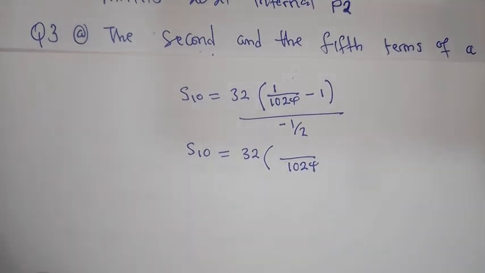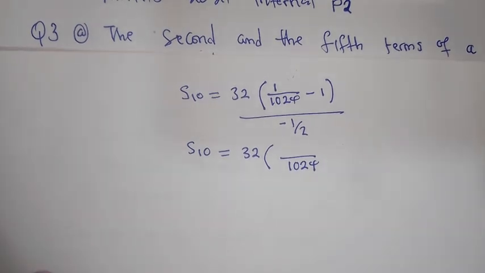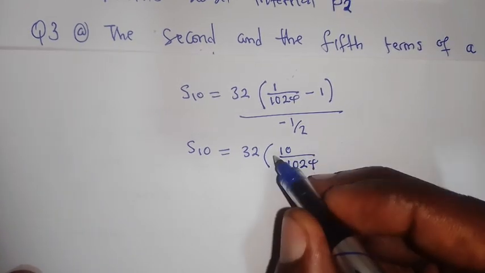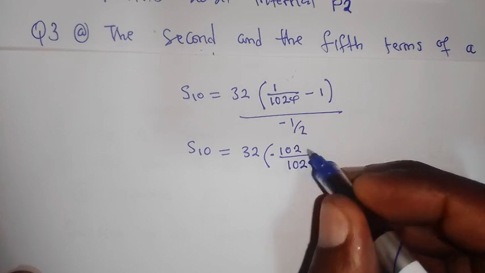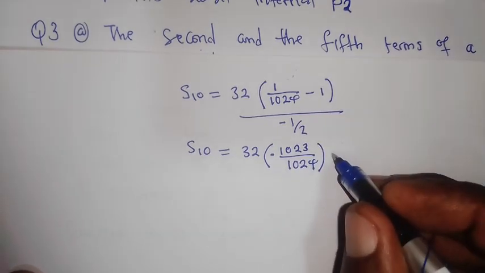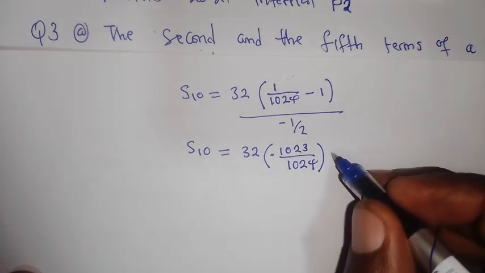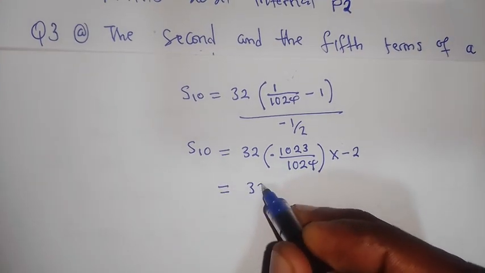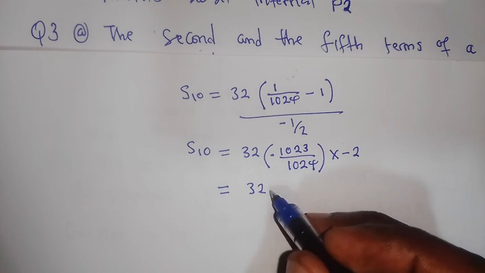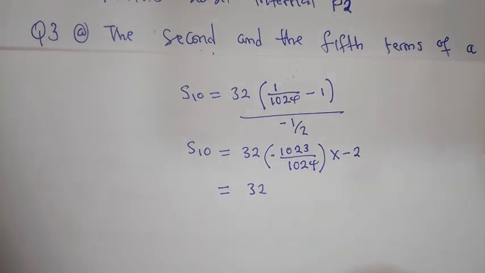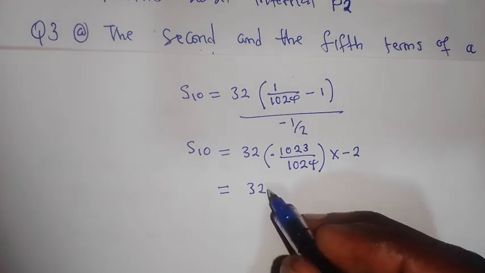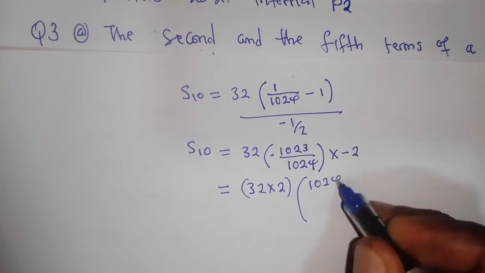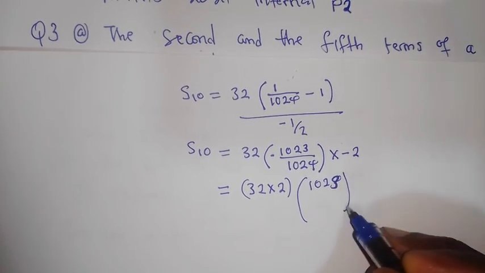The negative is going to multiply with the negative inside, and then multiplied by negative 2.